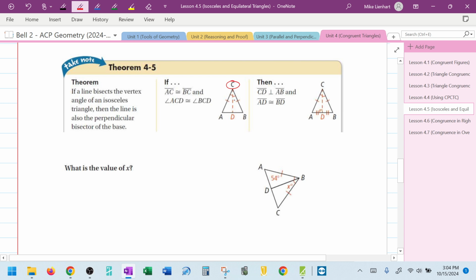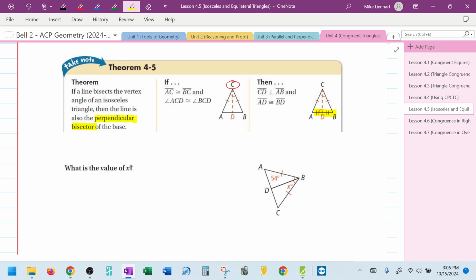If this occurs, then the line CD is the perpendicular bisector of the base. It's cutting the base into two equal segments. You can see over here. And it's forming a right angle with that angle bisector, CD.